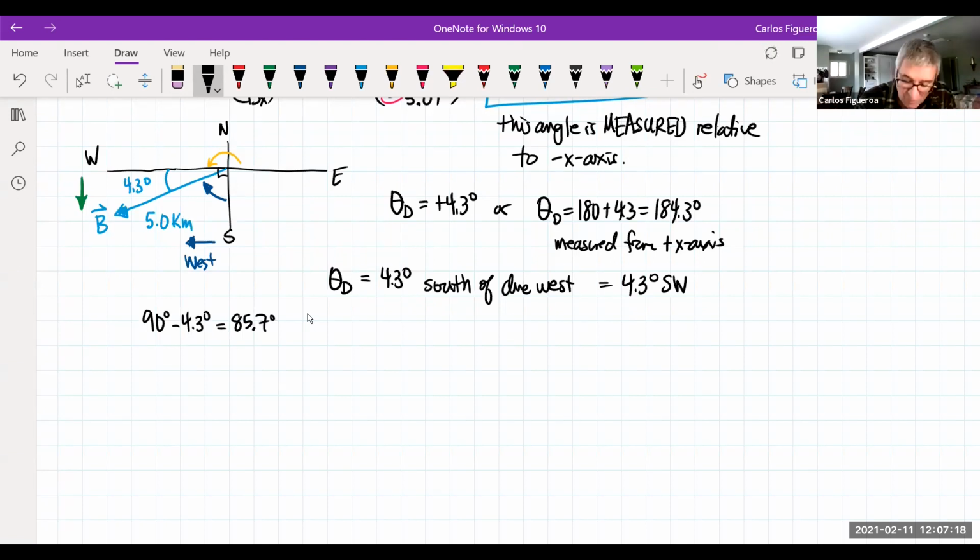So I could have given the angle as 85.7 degrees. Which direction am I going? West of due south. In other words, I can write this as 85.7 west of south, and that's a totally legit way of writing the angle down.